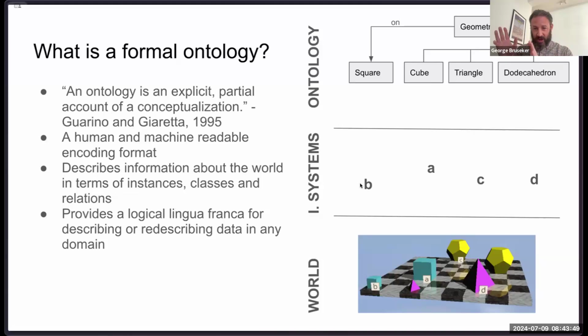There's object B, A, D, C, and the ontology is supposed to give you a set of classes and relations that allows you to talk about those instances. So A is a cube, B is a cube, and then you could ask things like, how many things are cubes, or how many things are geometric shapes, and on what square does cube X sit, and so on.